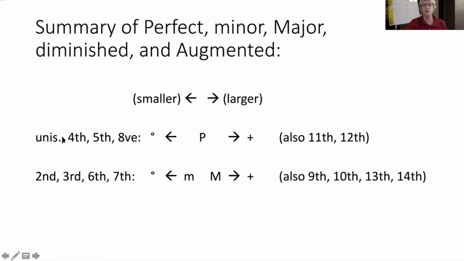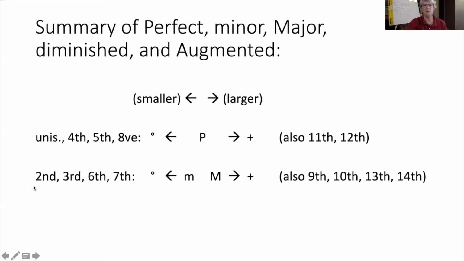The unison, fourth, fifth, and octave are such that in the middle we have the standard quality, perfect. But if we go smaller, we get a diminished fourth, say, or a diminished octave. And if we go larger, we'll get an augmented interval. This is also true of their compounds, such as the 11th or the 12th.